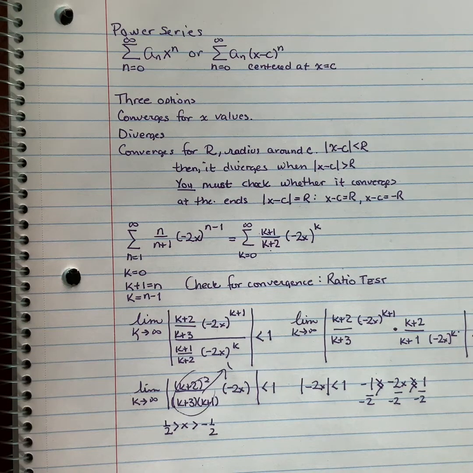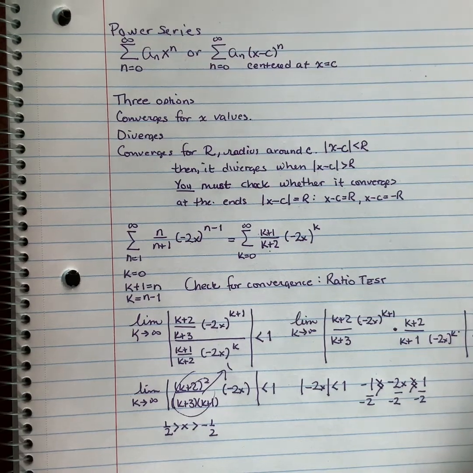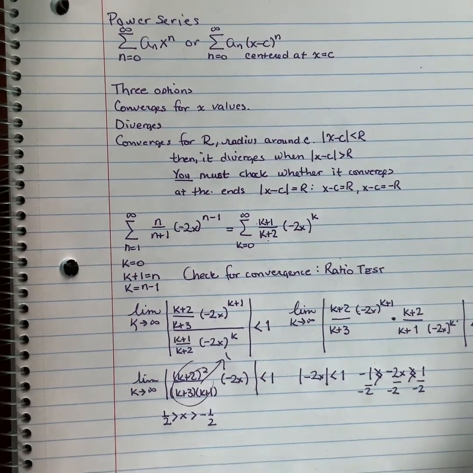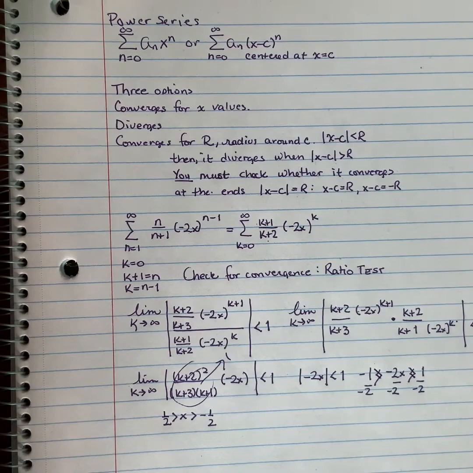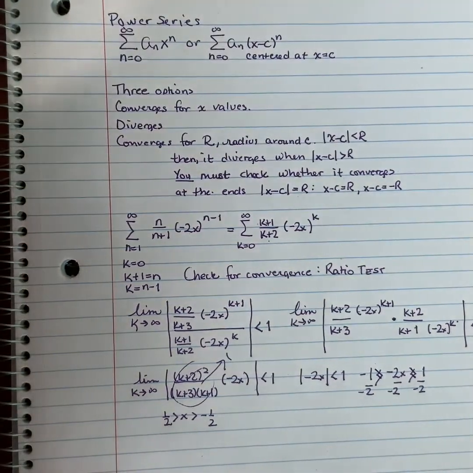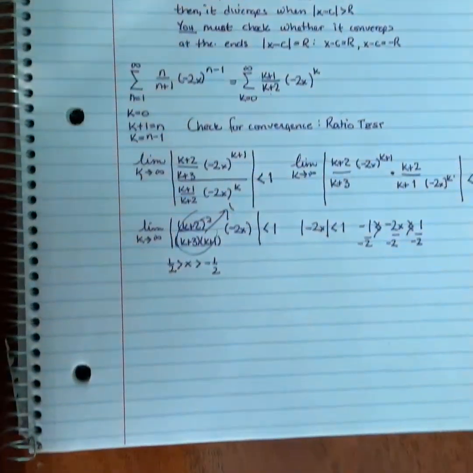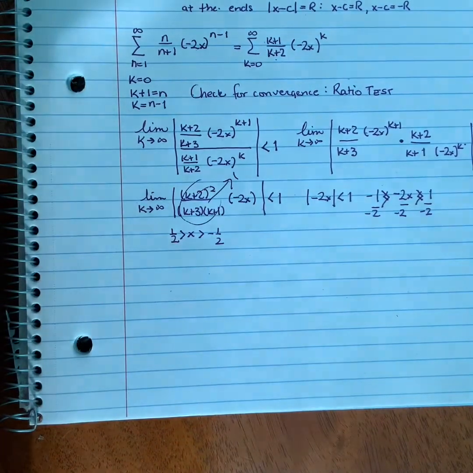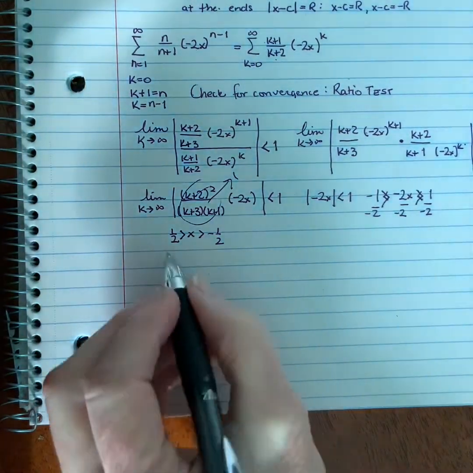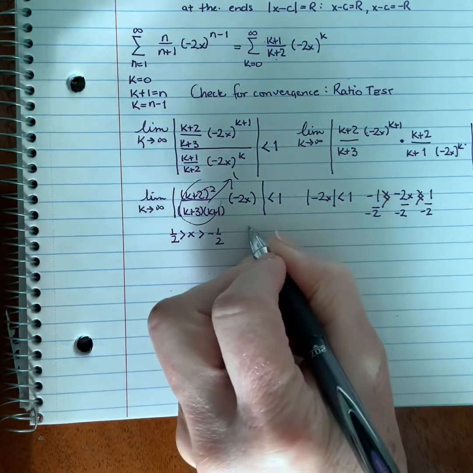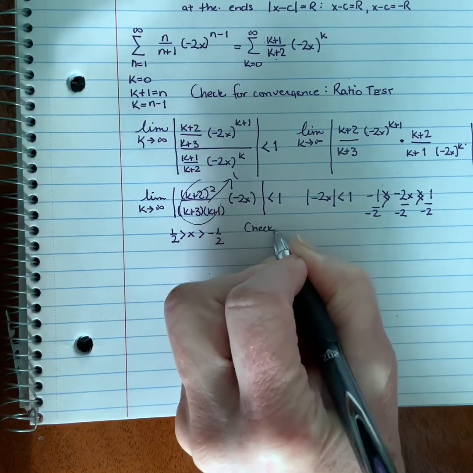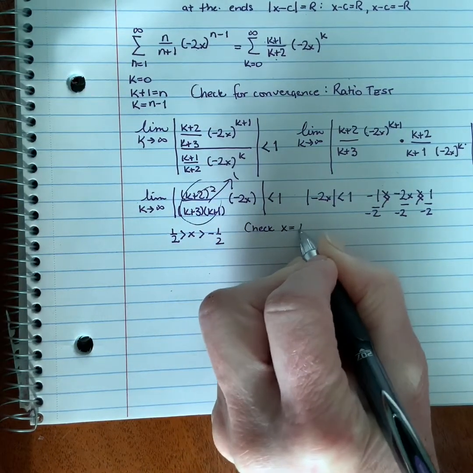Now we've got a little bit more to do because we have to find what happens at the endpoints. So let's deal with that. Let me move this down a little bit. Okay, so let's check x equals 1/2.